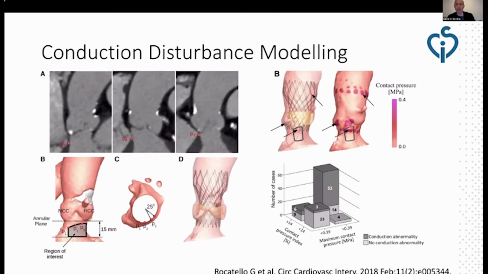We found that the pressure exerted by the transcatheter heart valve on this area, which is called the contact pressure, and the percentage of this area that is subject to pressure, called the contact pressure index, are both predictors for the development of major conduction disturbance, so either left bundle branch block or high degree AV block. In fact, the combination of both of those 2 factors is highly predictive for conduction disturbance.